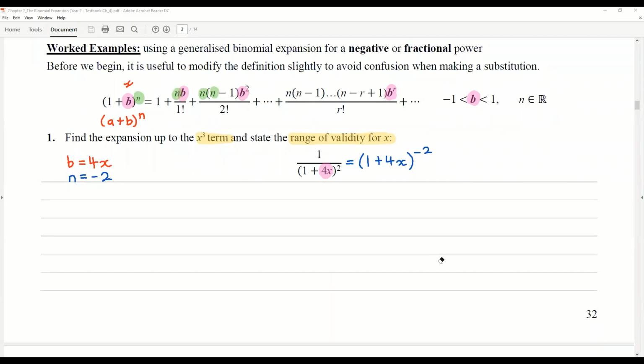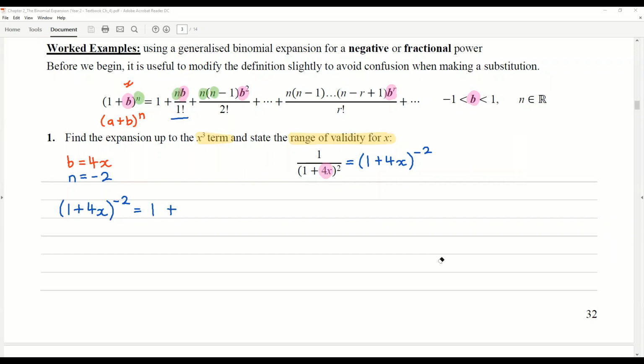All right, so let's write down our expansion. So (1 plus 4x) to the power negative 2 is going to equal, well, 1 is always the first term, plus nb, and I've put over 1 factorial in the definition here, which is strictly the correct way to do it. I mean, you could put 1 over 0 factorial if you liked as well.